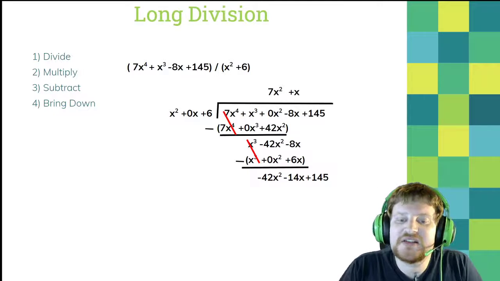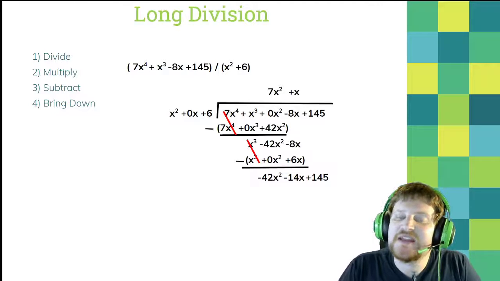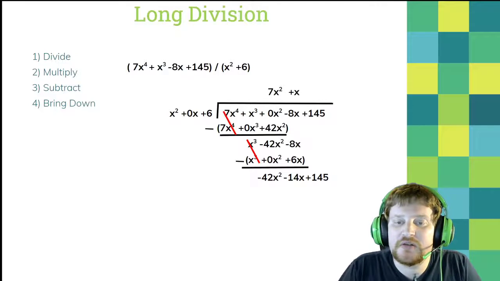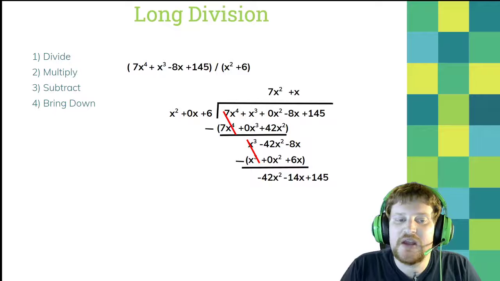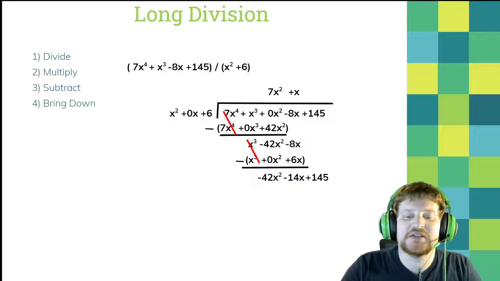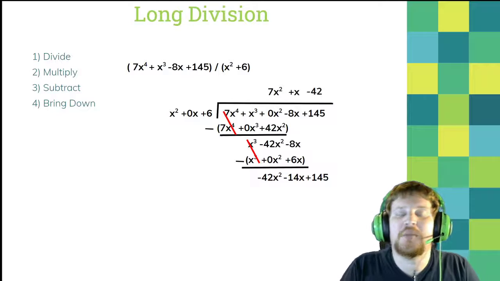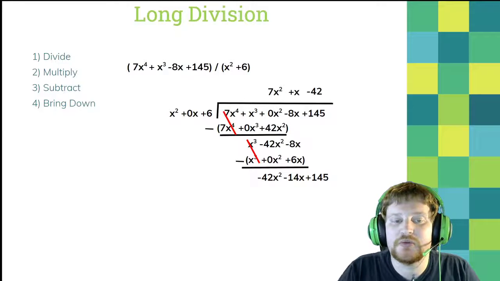Now, this case is a little bit strange. We need to get from x squared to negative 42x squared. Well, in order to get from 1 to negative 42, we multiply by 42. In order to get from x squared to x squared, we don't need to add any x's. So we're actually going to multiply by negative 42.